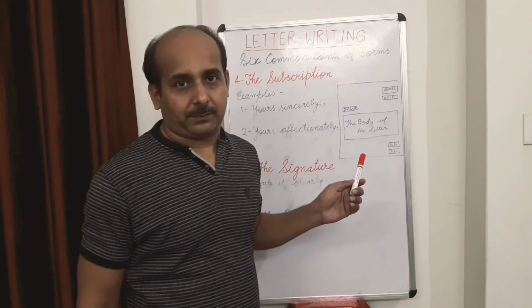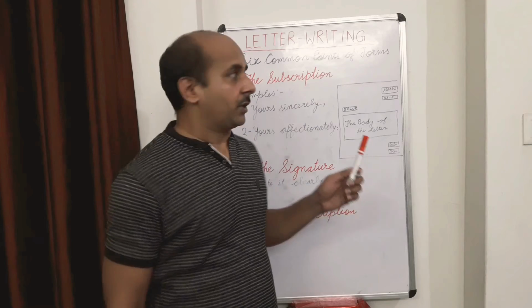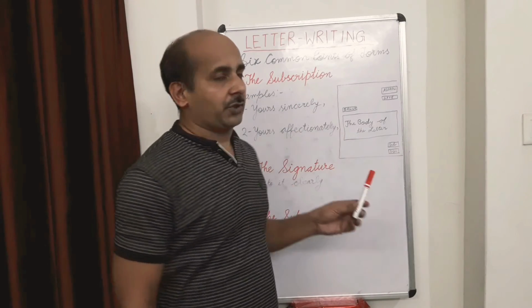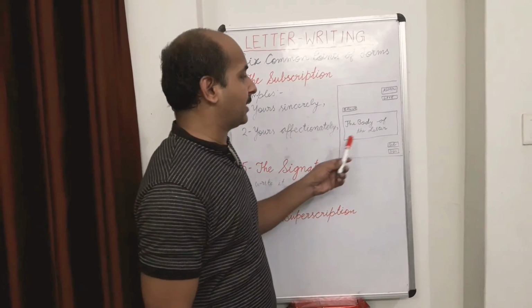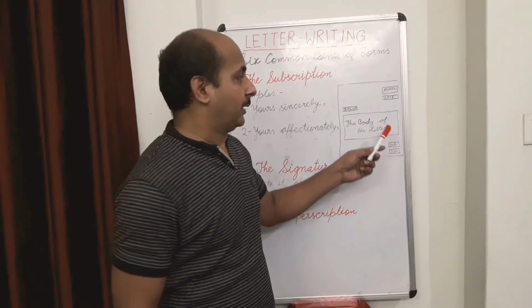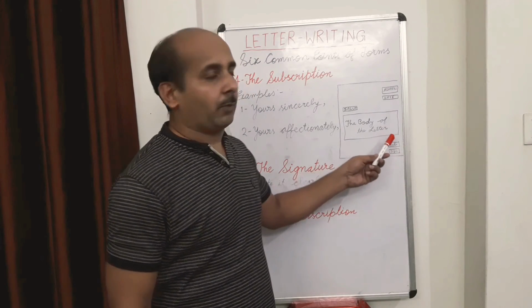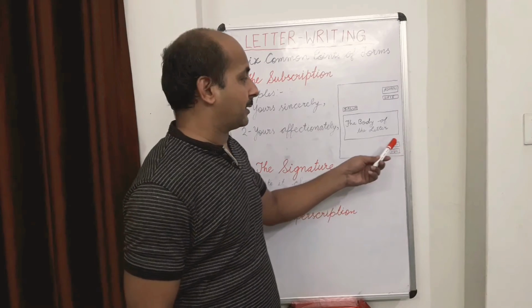What's the position of this subscription? The position of the subscription is on the right hand side of the page where the letter ends, just below the body of the letter.